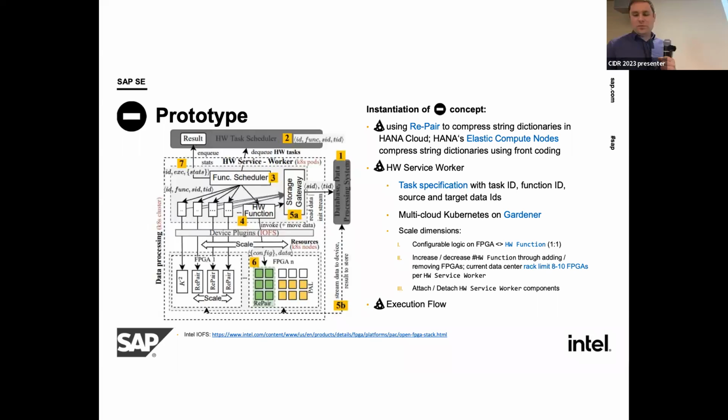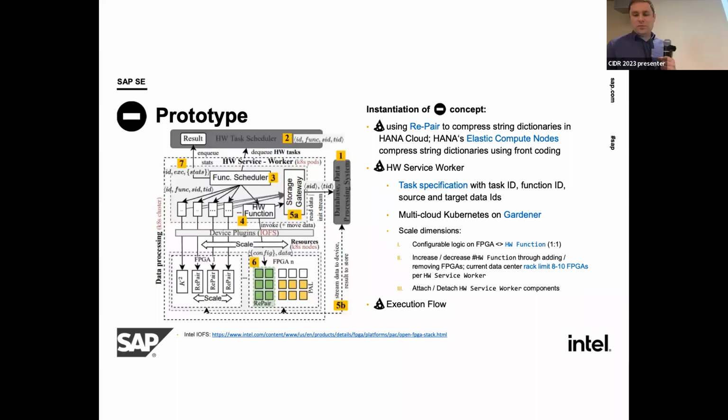It goes really into the nitty-gritty details of how to run something like an FPGA in the cloud, and how to attach this via device plugins in a multi-cloud Kubernetes setup, which is basically our infrastructure for database and applications with Garden Linux, and really get this running in the cloud.